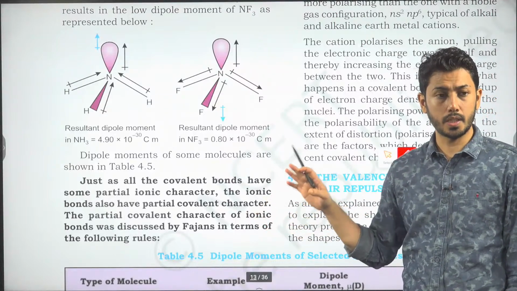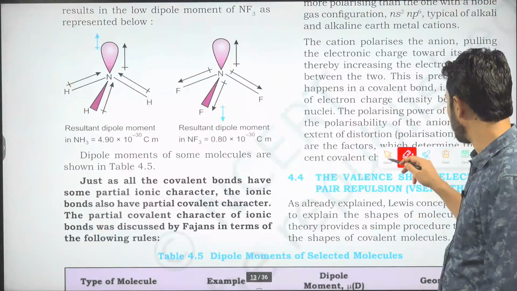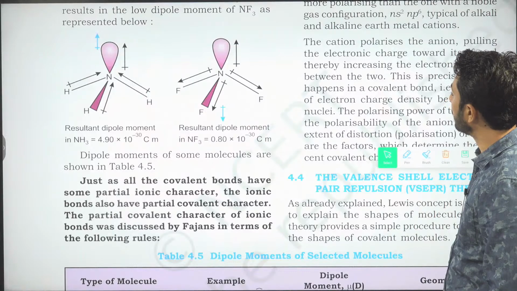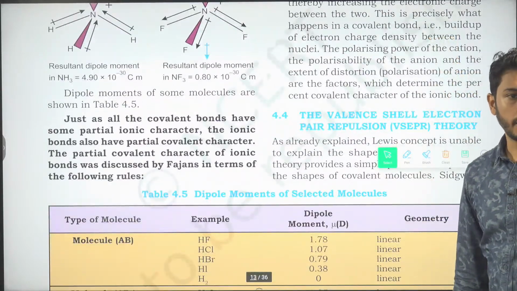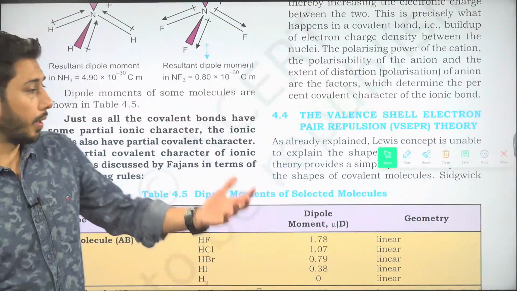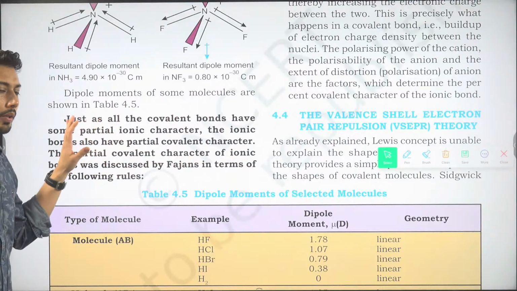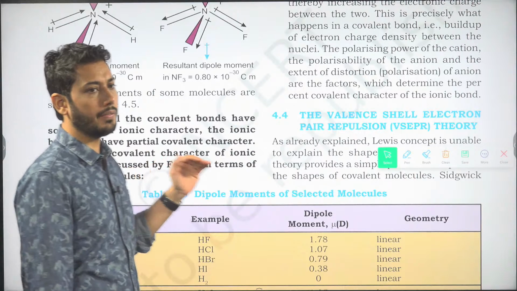Which part is it? Fajan's rule. You can mention it in the notes or mark it in NCERT first. This portion we are going to discuss now, which is under the category of polarization and Fajan's rule.